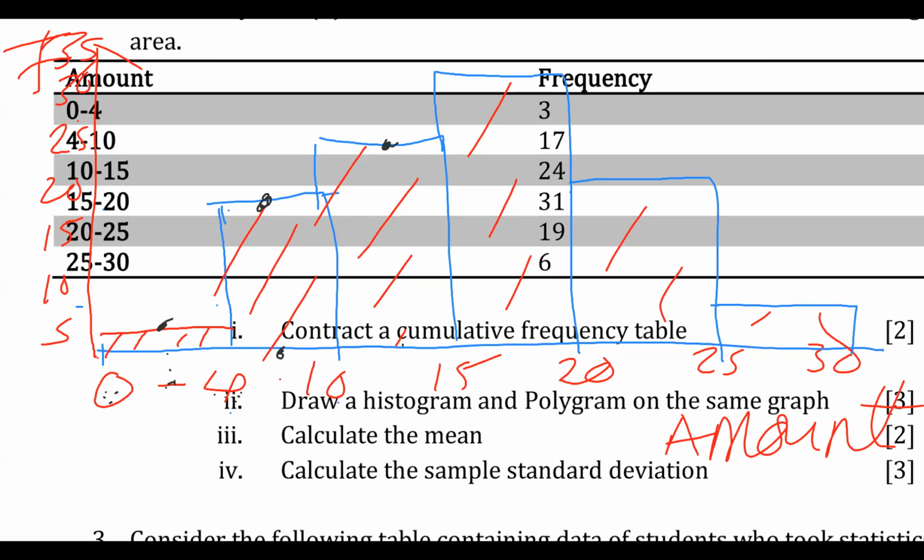And you have 15 to 20 divided by 2. That should be 22.5, right? No. 15 plus 20 is 35. 35 divided by 2 should be 17.5, right?